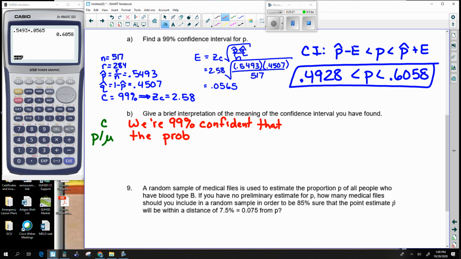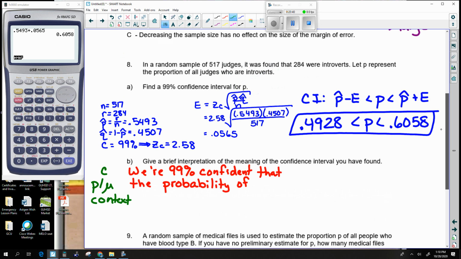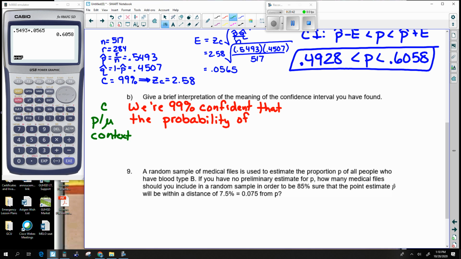Notice how it's the word probability, not proportion. I know it says proportion up above. You must use the word probability. Next, use the context in the singular sense. So we are talking about, I believe, judges who are introverts.